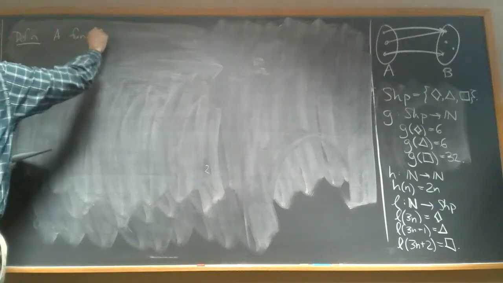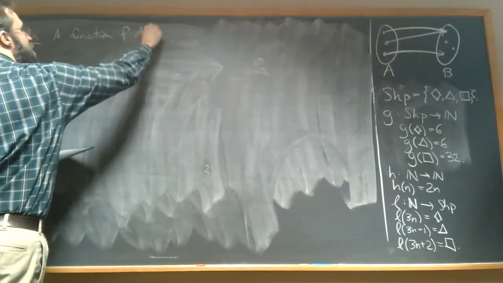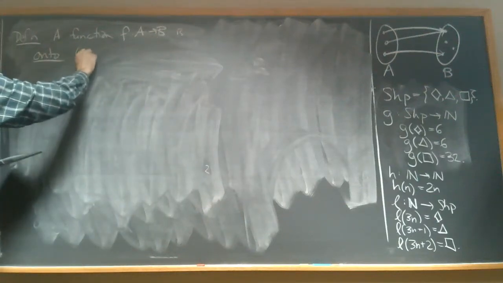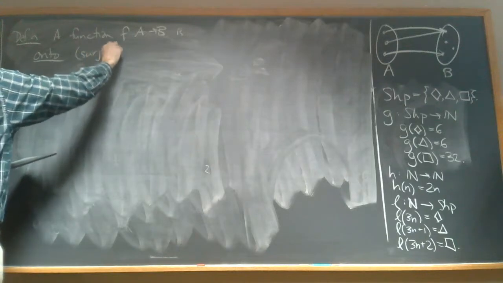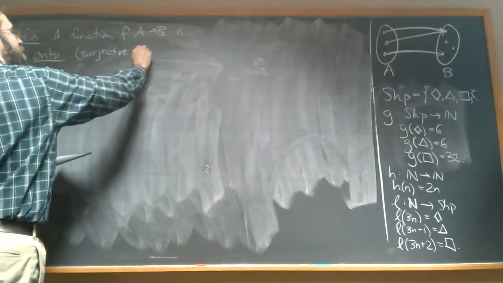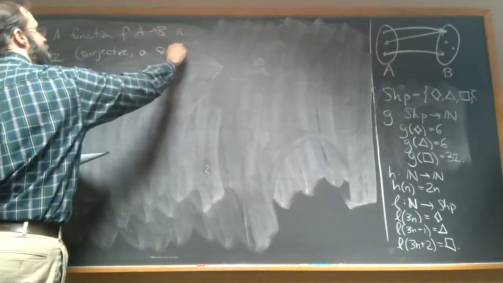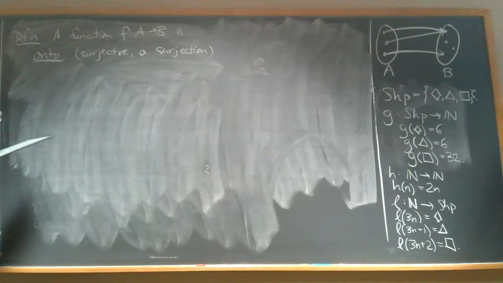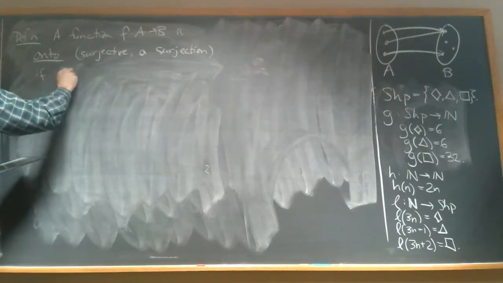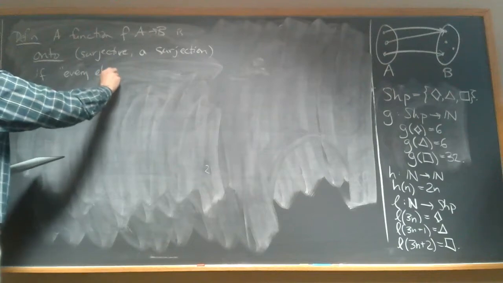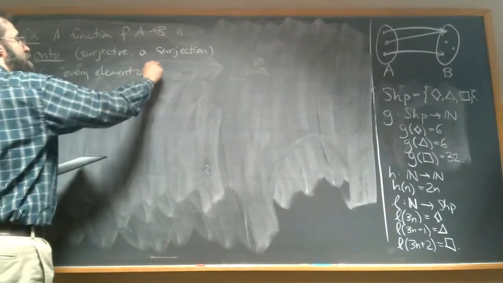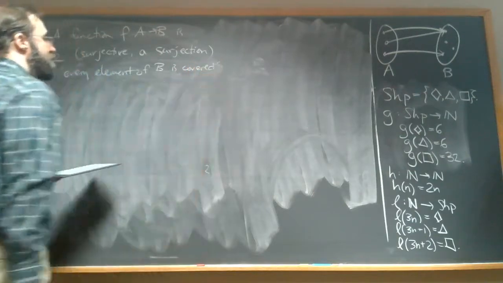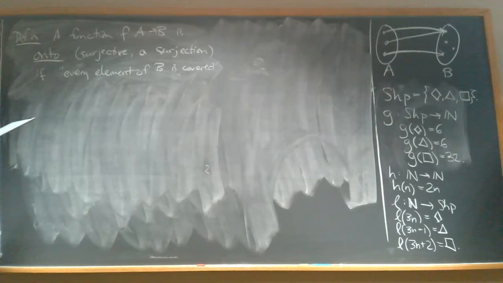A function f from A to B is onto, or surjective, or a surjection, if we could say every element of B, the codomain, is covered, or every element of B gets hit, or something like that.